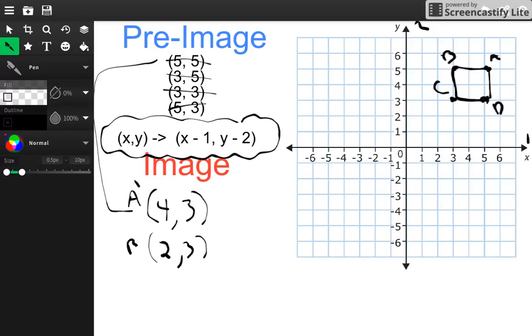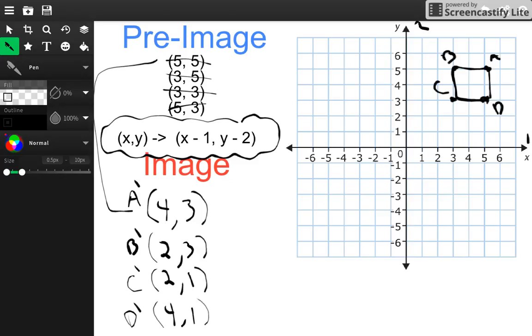Okay, so there's B prime. The next one is 3. So 3 minus 1 is 2. And 3 minus 2 is 1. That's your C prime. So then 5 minus 1 is 4. 3 minus 2 is 1. There is your D prime.